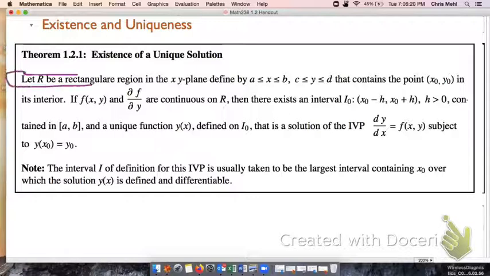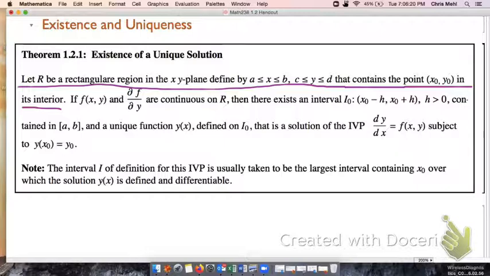In this first one, I want you to think of the first sentence there. Just picture this in your mind. You'd have a rectangular region in the xy plane, and if you think about linear algebra, this would be a rectangle that contains all the points inside plus the interior. So on the x-axis you go from A to B inclusive, and on the y-axis you go from C to D inclusive.